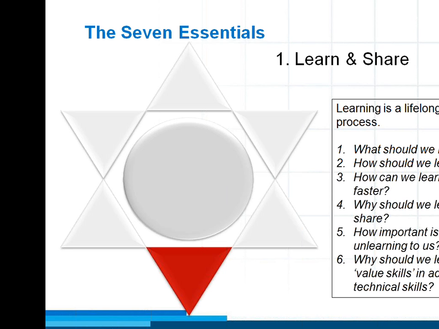Every one of us will have certain ways of learning. Some of us learn by reading, some of us learn by teaching, some of us learn by looking at a video, some of us learn by listening to someone speaking, and some of us learn by observing somebody, and some of us learn by looking at others' mistakes, and some of us learn by understanding what happens in other projects.